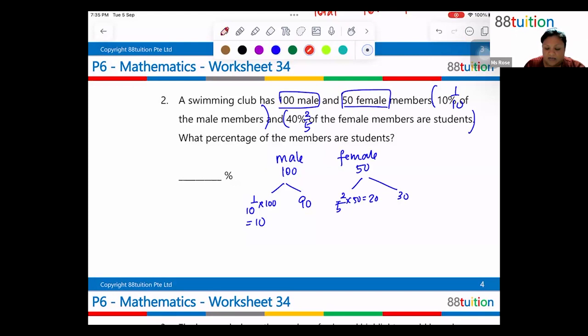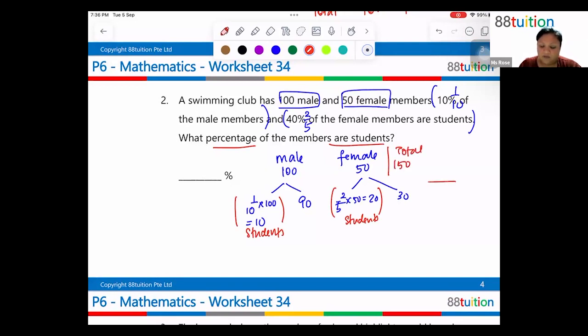So these are your students. Okay, so there you have it. What percentage of the members are students? So total here, you have 150. So what percentage of the members are students?